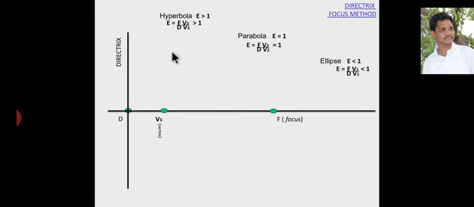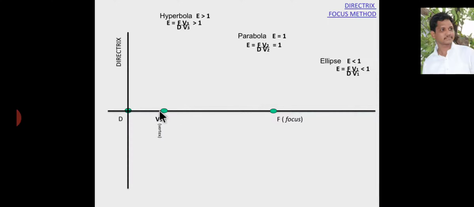Eccentricity is the ratio of the distance between focus and vertex point to the distance between vertex and directrix. So eccentricity E is equal to FV3 by DV3.